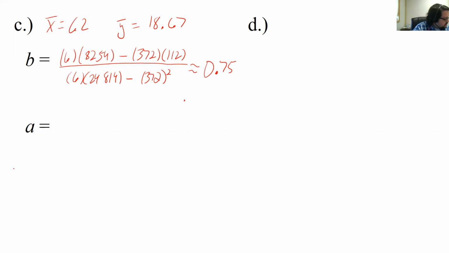All right, so let's figure out A. A says take the average Y value minus your B value you just found, 0.75, times your average X value. So I'm going to do that. 18.67 minus 0.75 times 62.